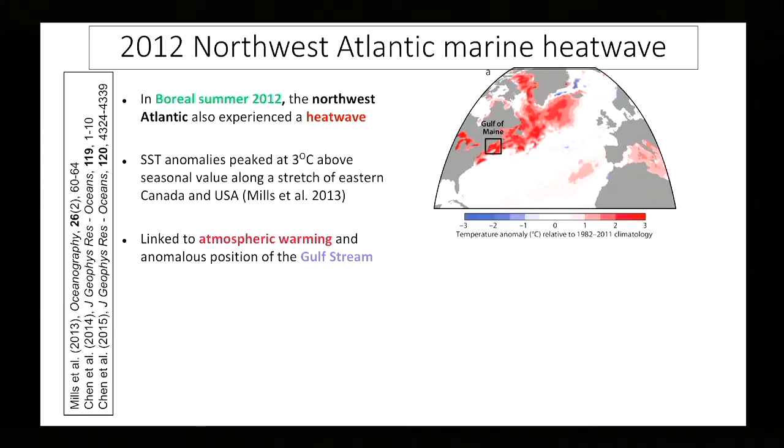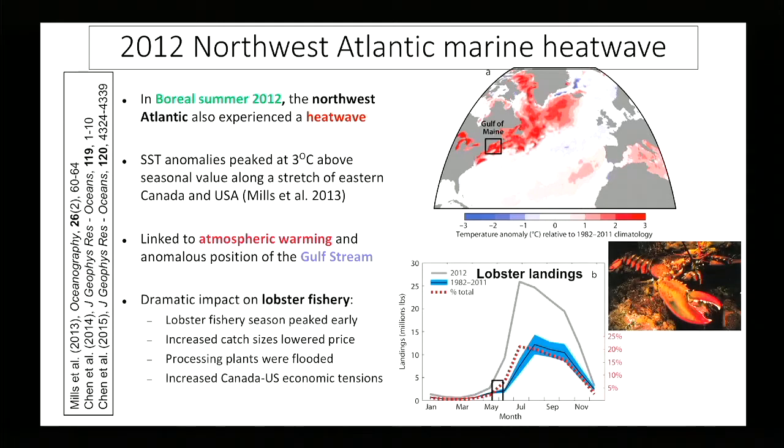In boreal summer of 2012, there was another marine heat wave here in the northwest Atlantic that ran from the US through the Gulf of Maine and into Canada. Interestingly, it was a combined atmospheric warming and also changes in the position of the Gulf Stream that contributed to that.